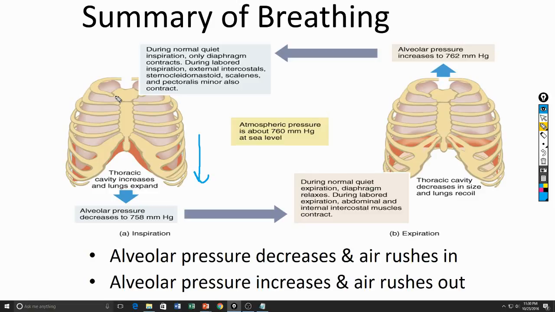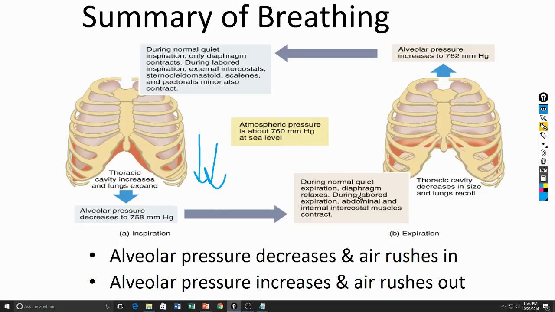Because you have fewer things exerting pressure on the walls. So the thoracic cavity becomes a low pressure system and air rushes in. Your diaphragm contracts, pulls down, and the lungs then fill up with air from the outside.